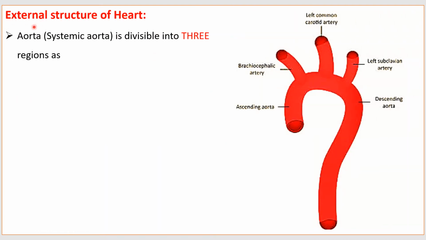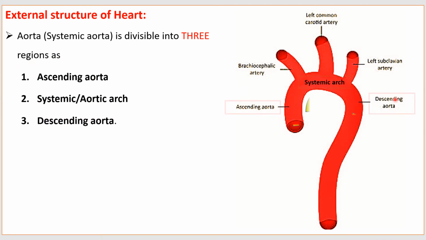Now we'll see the external structure of the heart, in that the aorta, also called the systemic aorta. The aorta or systemic aorta is divisible into three regions: the ascending aorta, the systemic or aortic arch, and the descending aorta.